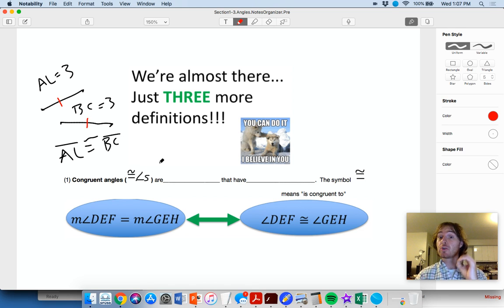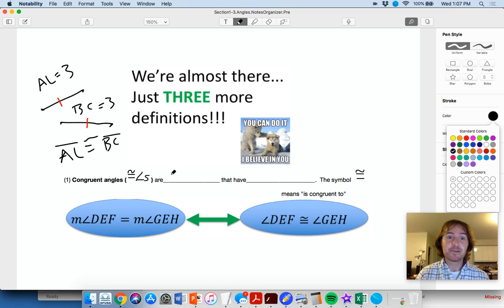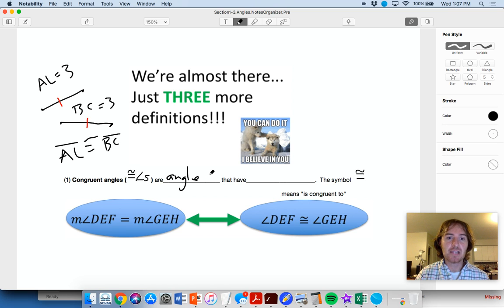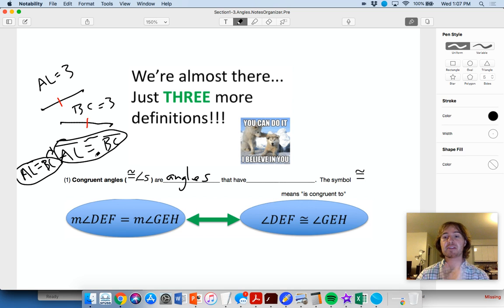We're also going to have congruent angles, okay? Congruent angles are not segments anymore this time. Let me rephrase that because I think it's a little bit confusing.